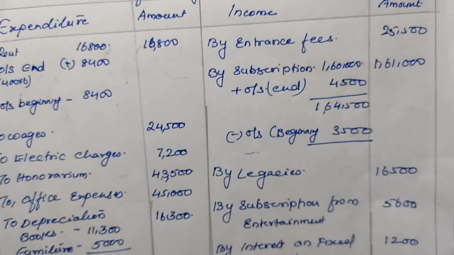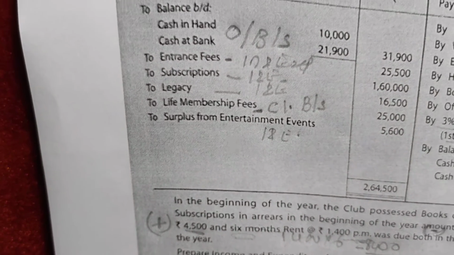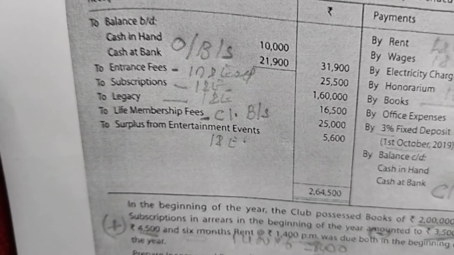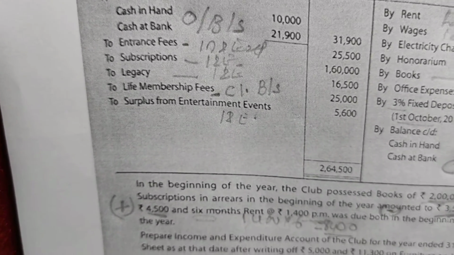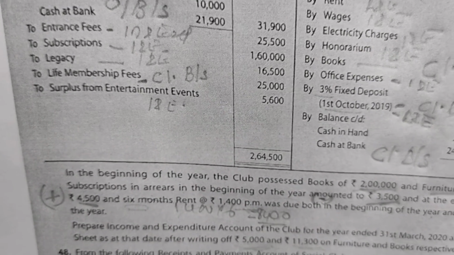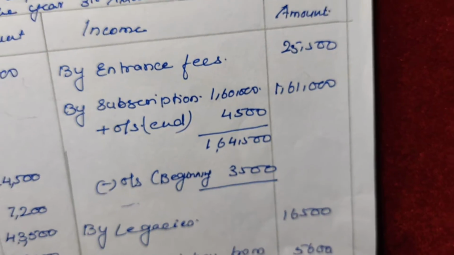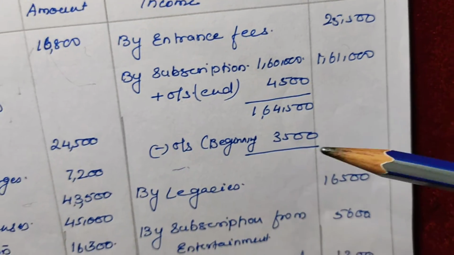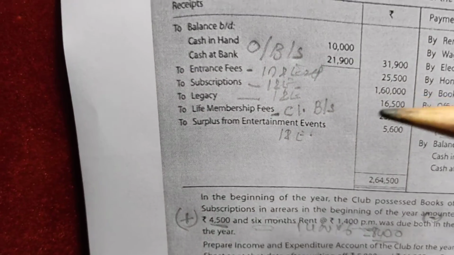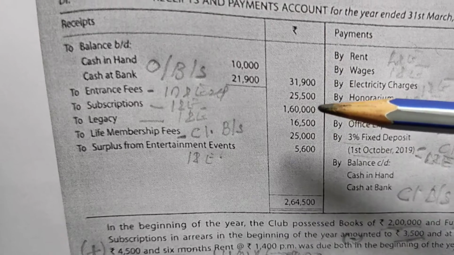Now let's see the income side. Entrance fee: no adjustment is given regarding entrance fee, so as it is we will transfer it to the income side, 25,500. Subscription: 1,60,000 is given in the receipt and payment account.